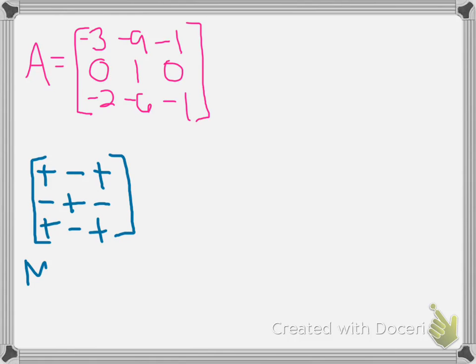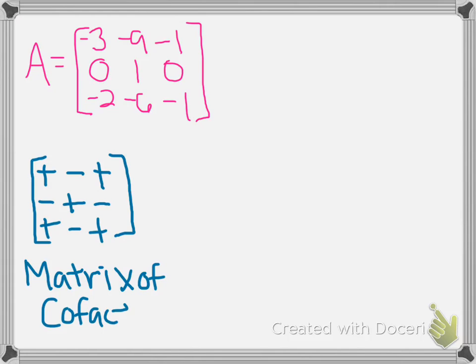So for the matrix of cofactors, each positive is the same as multiplying by +1, and each negative is like multiplying by -1.